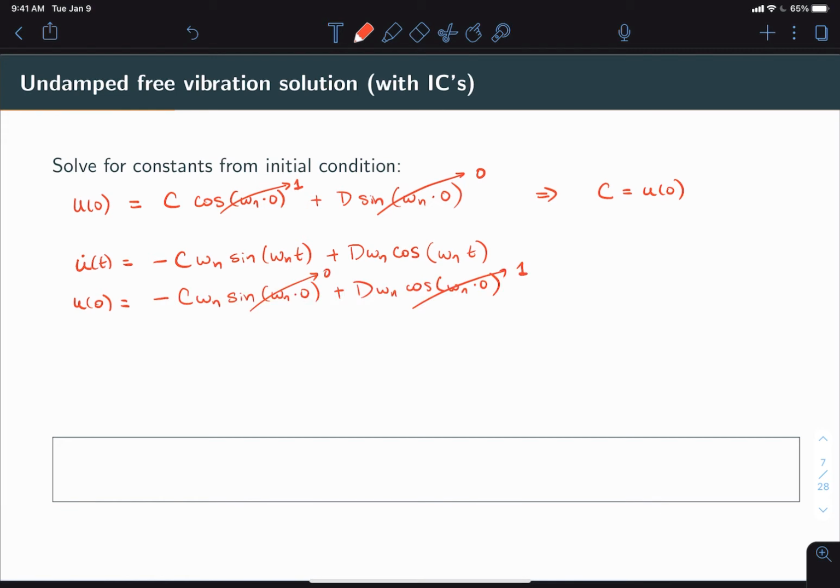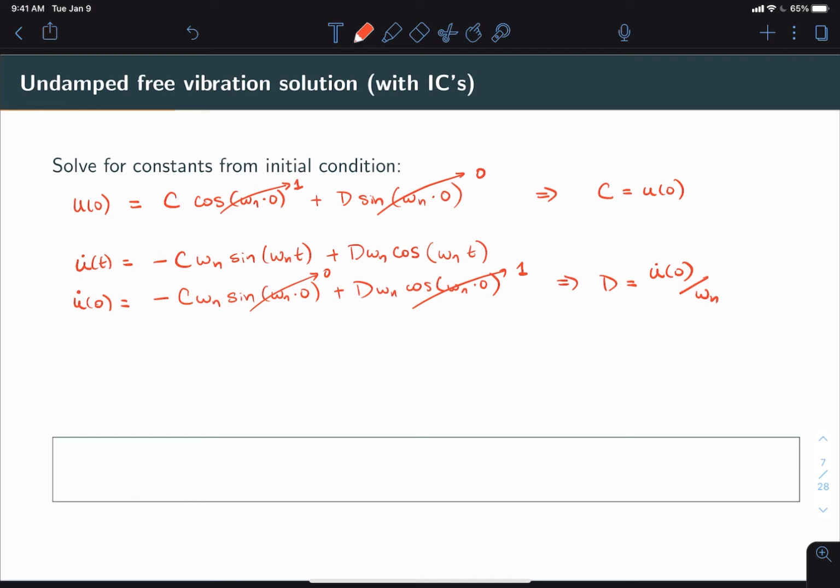The same simplification as before now gives us the sine term equal to 0, and so we get d omega n equal to u dot of 0. Sorry, forgot the dot. And therefore we get d equal to the initial velocity over the natural frequency of the system.